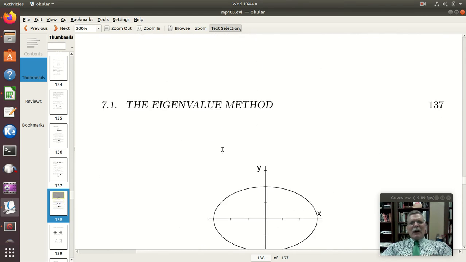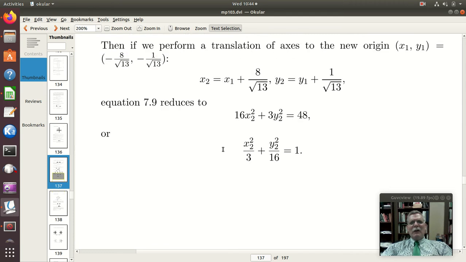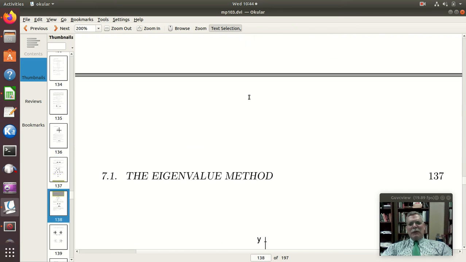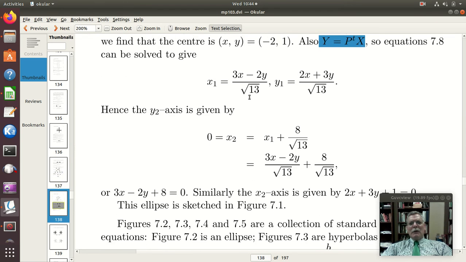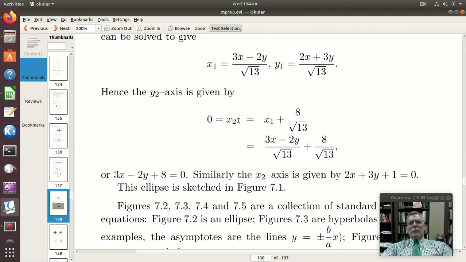Now, up here, notice they actually had that in the same direction. x2 equals the x1, and so they are just trying to get x2 in the original x's and y's.